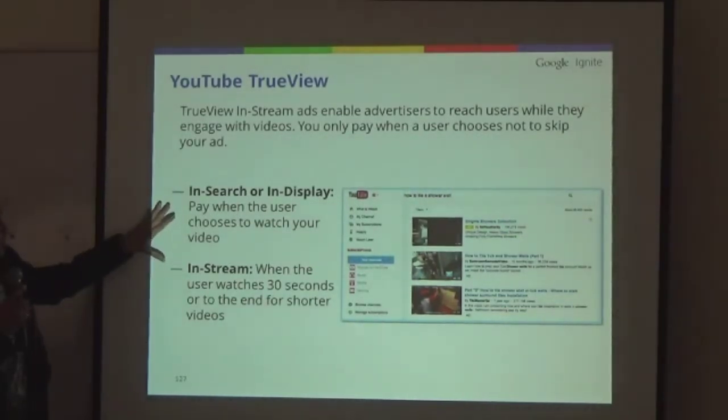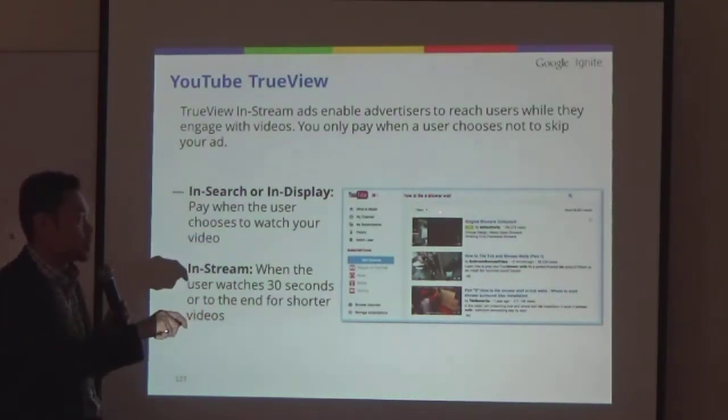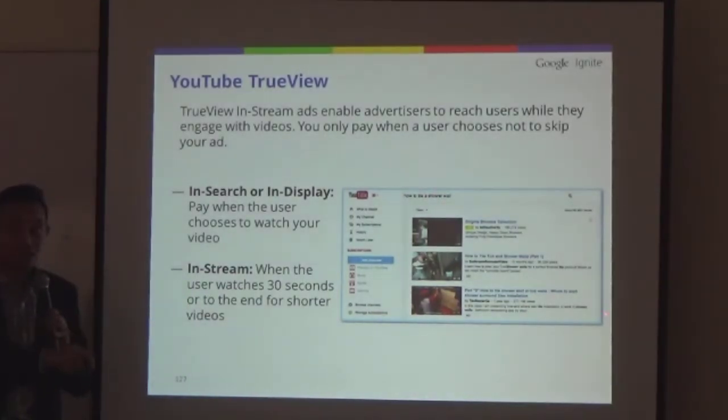Now, in-search means you will find a video on the search engine of YouTube itself. When someone types a keyword on YouTube, it shows a list of videos that are relevant to that search query.